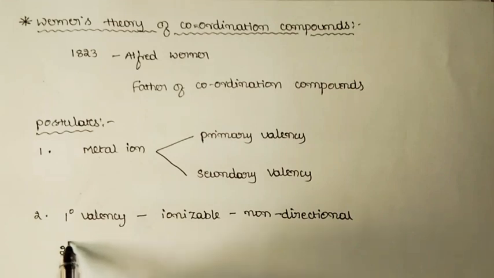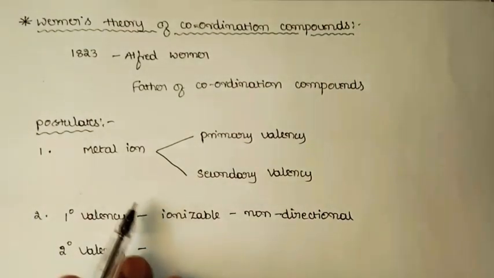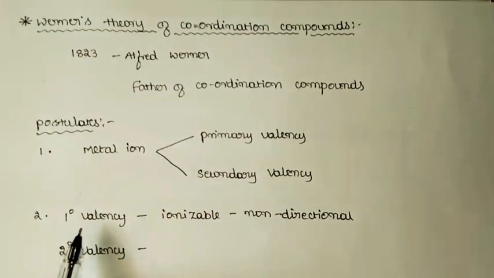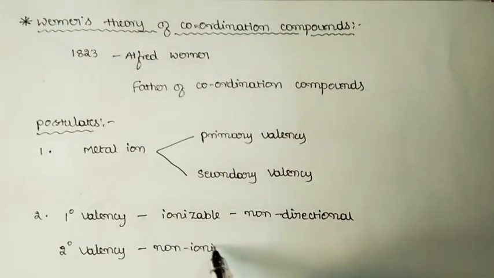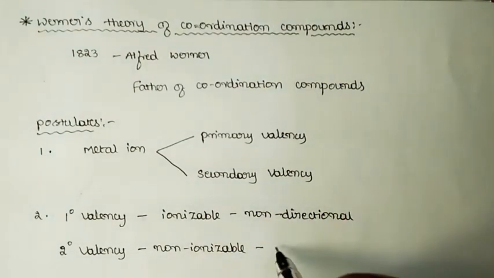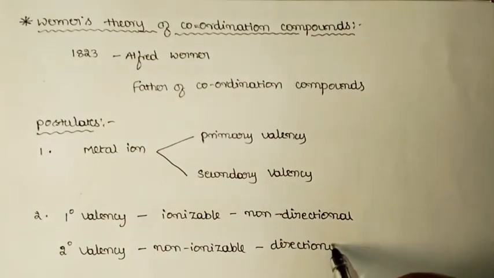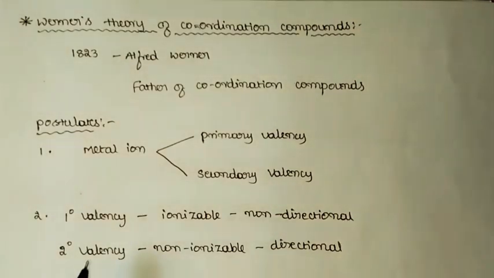And if you come to the case of the secondary valency of the central metal ion, unlike primary valency, the secondary valency is non-ionizable. As well, the secondary valency has directional properties, meaning it can be oriented towards a particular direction in three-dimensional space. So that is about primary and secondary valency.